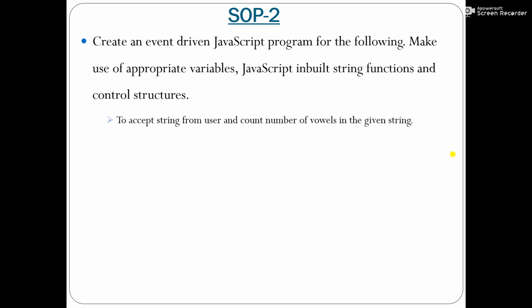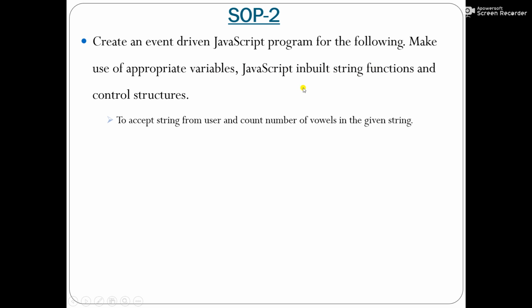What is given? Create an event driven JavaScript program for the following: make use of appropriate variables, JavaScript inbuilt string functions and the control structure. Now here you can see what problem statement they have given. We have to use the JavaScript inbuilt string functions, right?